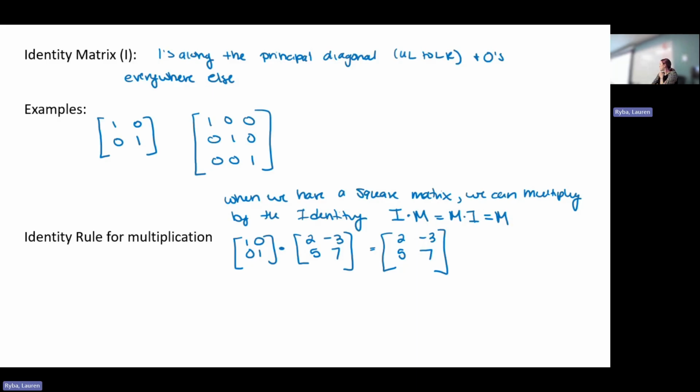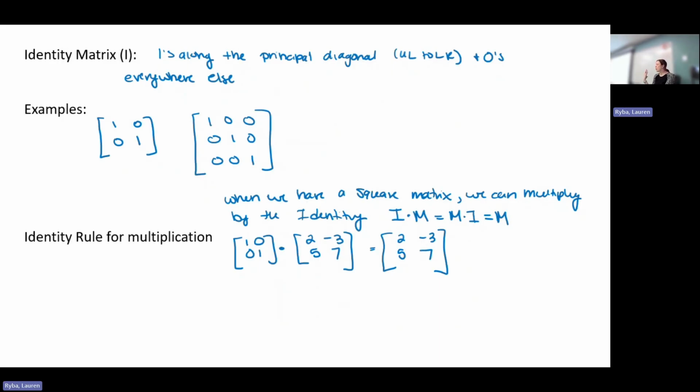See a few people still writing, so I'll give you another minute there. Apparently that's supposed to actually go on the next page, so I apologize. It follows the fact that if you take any number times 1, it doesn't change.